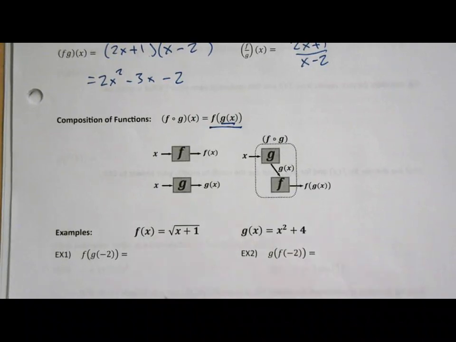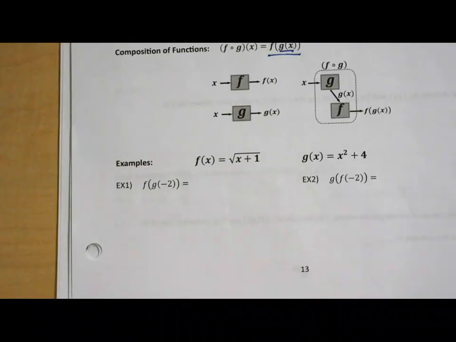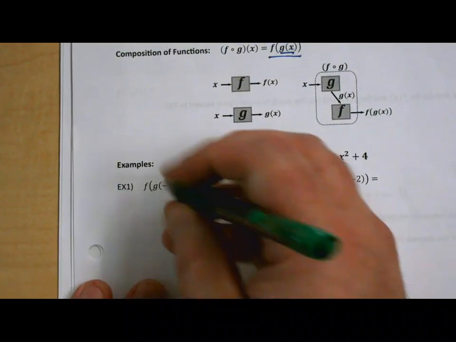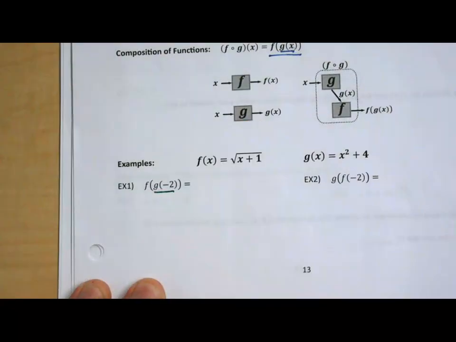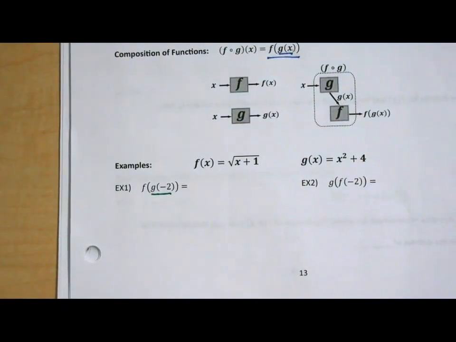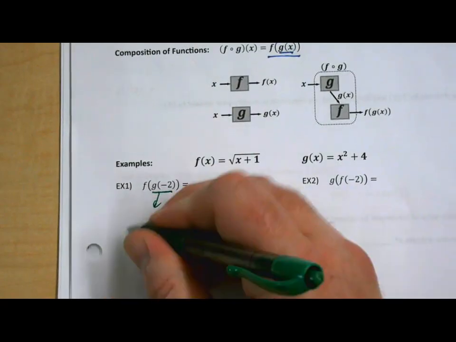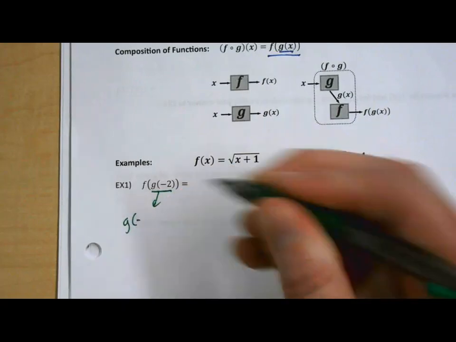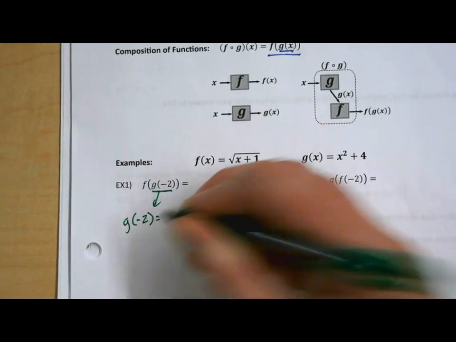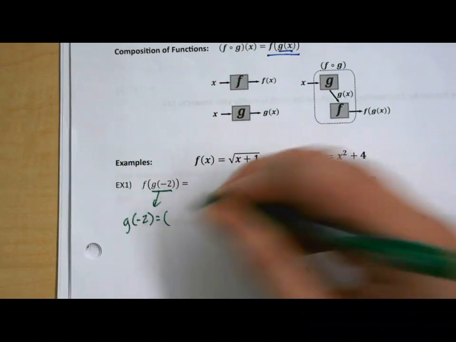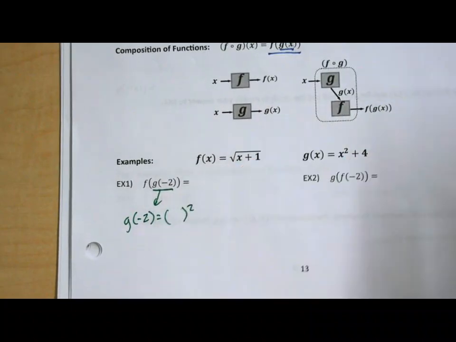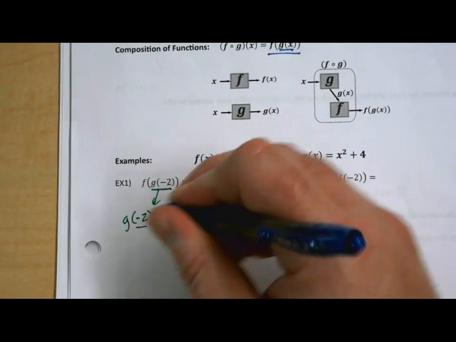So we're going to use these two functions, and we are going to find f of g of negative 2. So we're going to work from the inside out. I will start by finding what is g of negative 2. You guys have been doing stuff like this since Algebra 1, so go ahead and do that on your own paper. G of negative 2 is, well, it's the g function, which is x squared plus 4, and we're literally just substituting negative 2 into that.